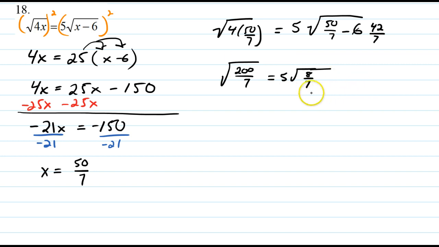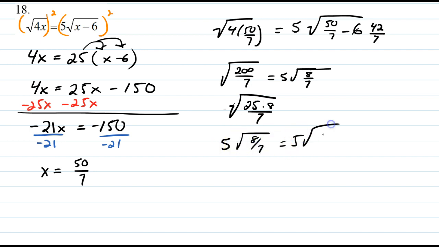Check it out. You can actually simplify the 200 here, and this actually breaks down to be 25 times 8 over 7, and so now the square root of 25 would come out, and so 5 times the square root of 8/7 and 5 times the square root of 8/7. So it does work, so this is a solution.